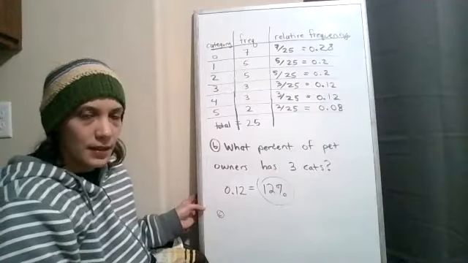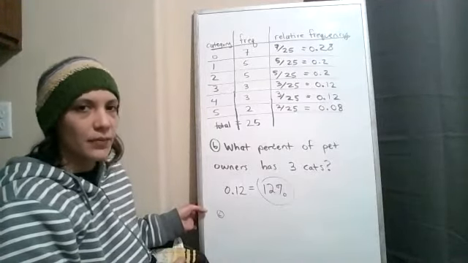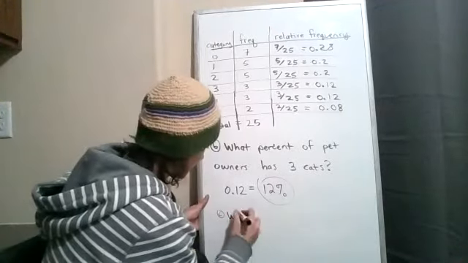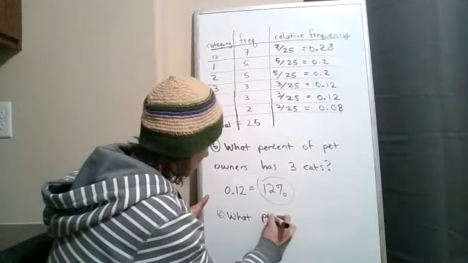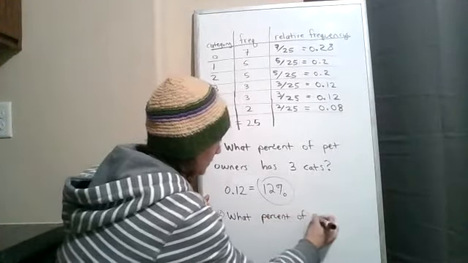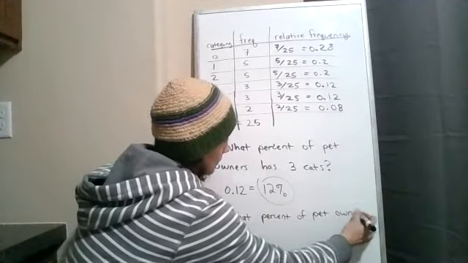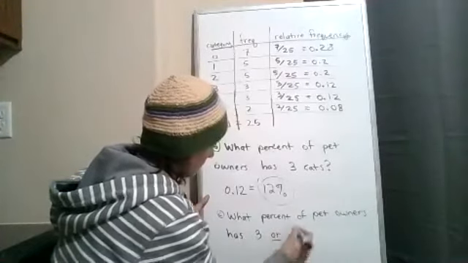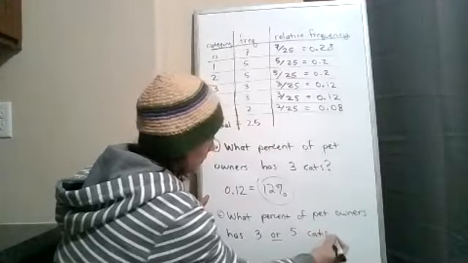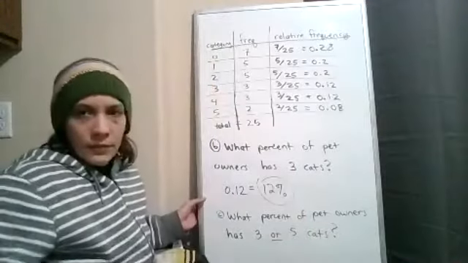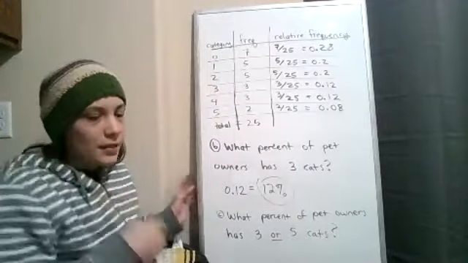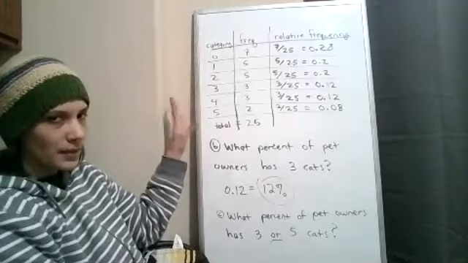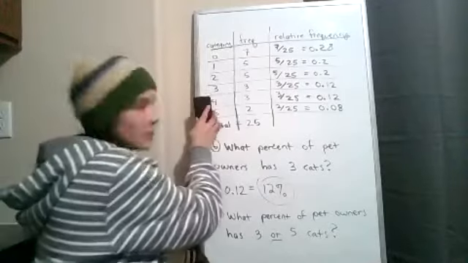Okay. What proportion of pet owners have, let's do 3 or 5 cats? Cool. So I have this table in my notes, so hopefully you do too. I'm gonna erase it to make room to have scratch work.